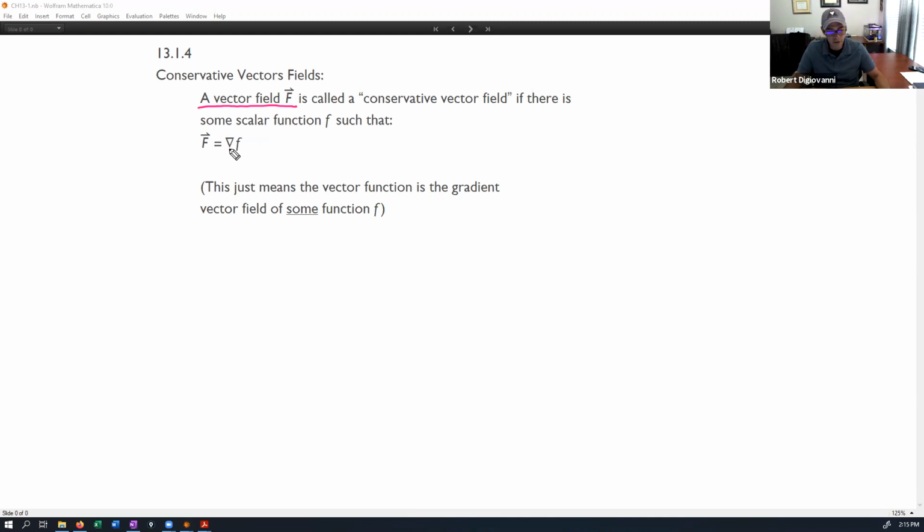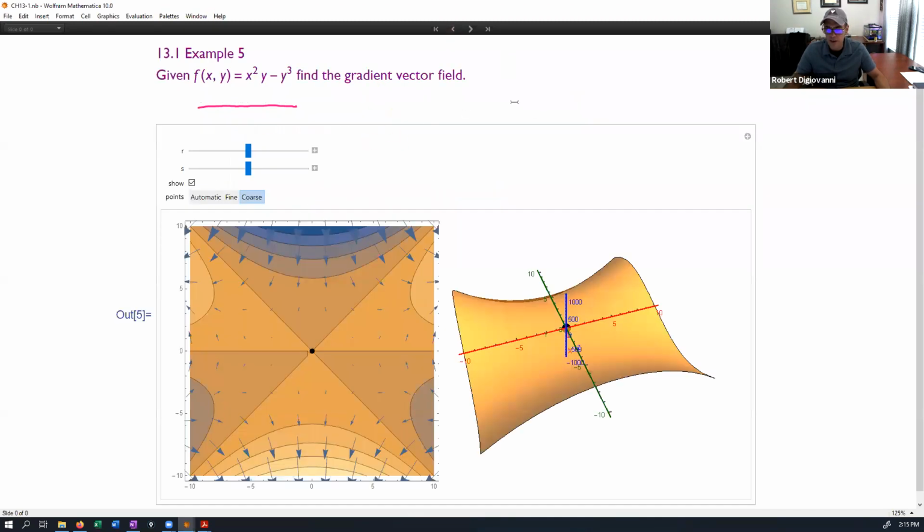Okay, what is that saying? What it's saying is, how we just did this problem? We came up with the gradient. This was 2xy, x squared minus 3y squared. And we just said, hey, at the end of the day, this is just a vector field, right? If I ask you right now, is this vector field conservative?